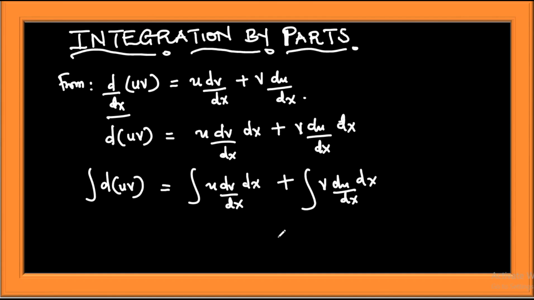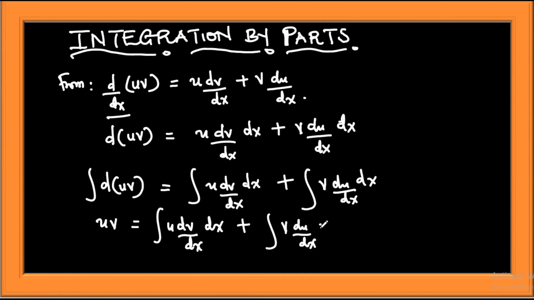Now from this level, we need to know that when you integrate the derivative of uv, you get uv itself, which is equal to integral of u dv dx plus integral of v du dx. And then from here, we shall simply make this integral here the subject.